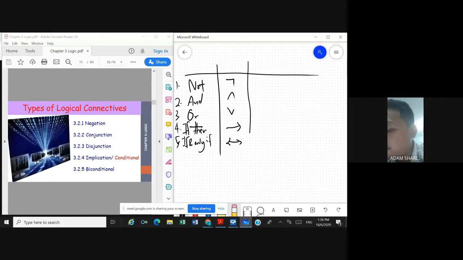All right. This is logical connectives symbol. This one is order of precedence.